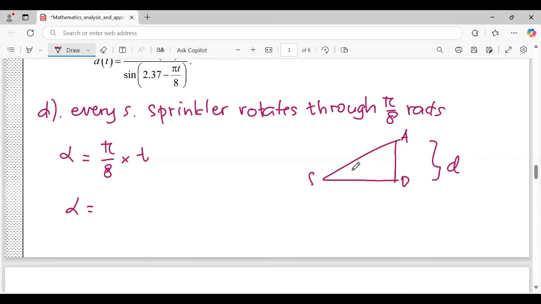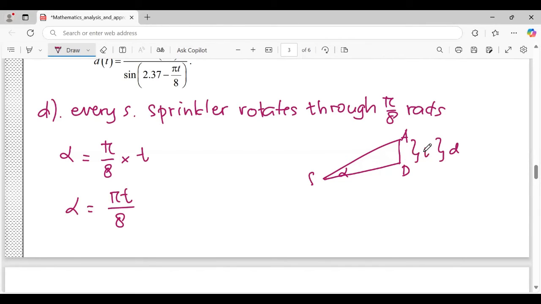So alpha equals pi t over 8. It's supposed to be not like this, but like this. I would like to fix this one, the line. D here should be the distance symbol, and t the time symbol.